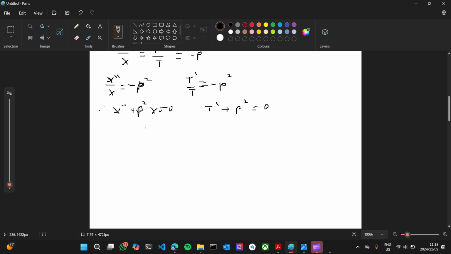Okay, and the general solution for that is, as we know, a cosine p x plus b sine p x. And then for t, it's going to be some constant c multiplied by e to the negative p squared t.